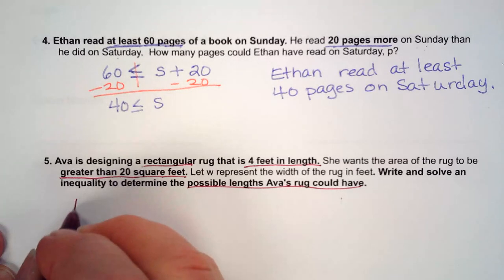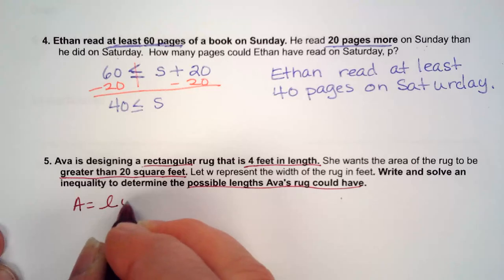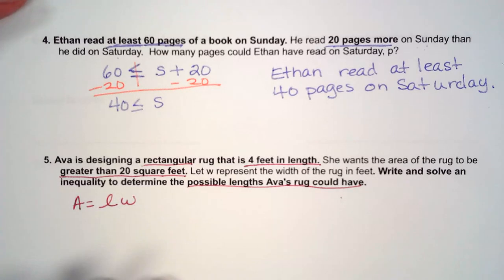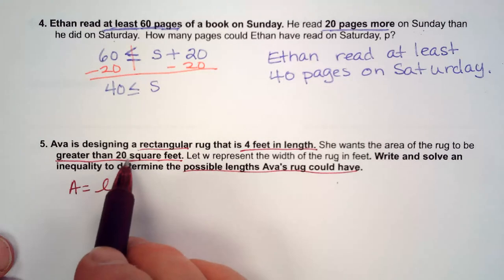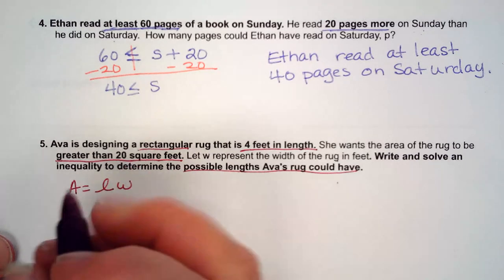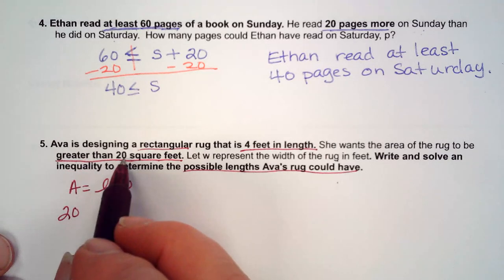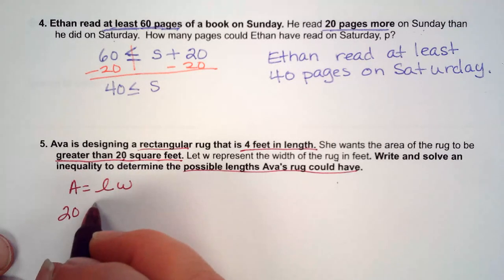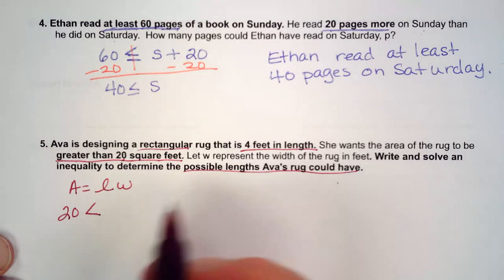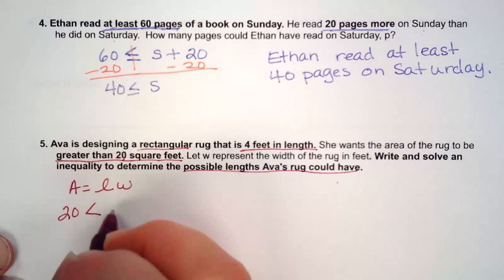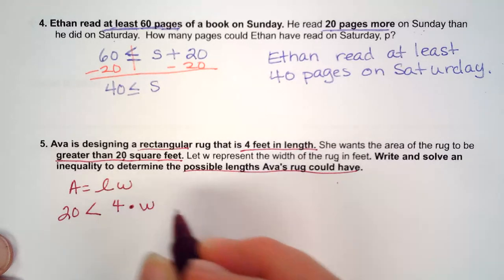Well, your area is your length times your width. So area is 20 square feet. And she wants it to be greater than. So that means that is the smallest amount we could have. The length is 4. The width is W.